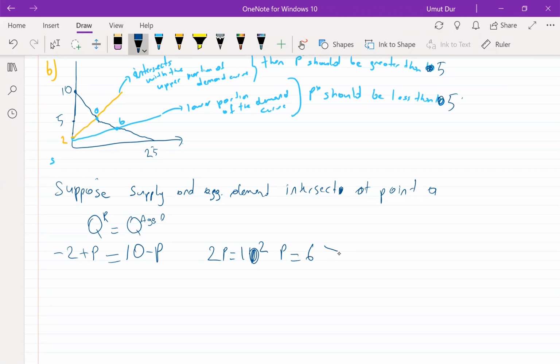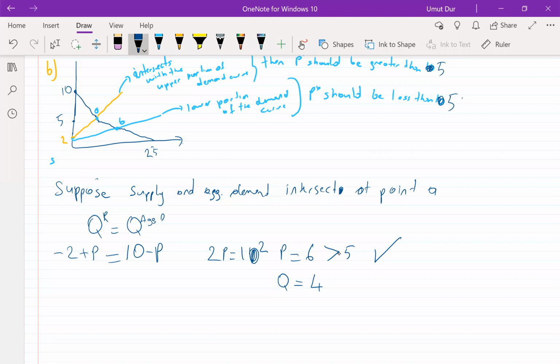Which is greater than 5, okay, so which means that this price is verified here, it is supporting the equilibrium. What will be the corresponding quantity level? I will just plug that value into either the aggregate demand or the supply, then I will have 4.